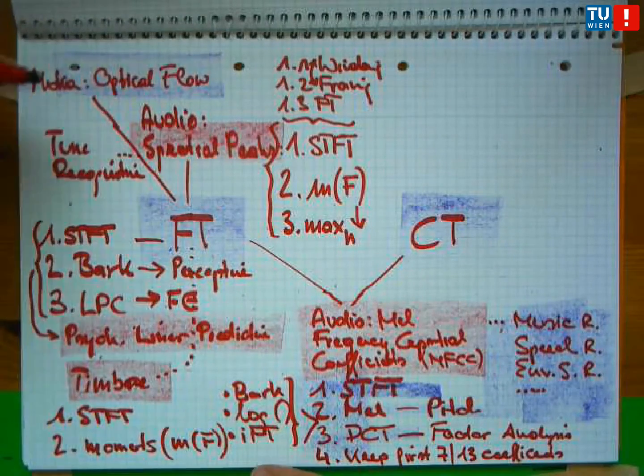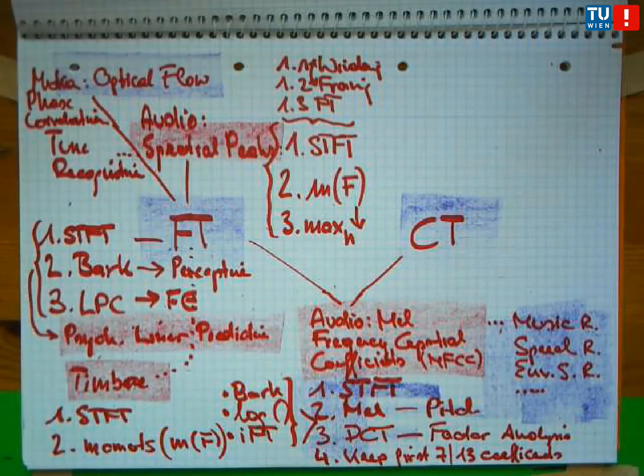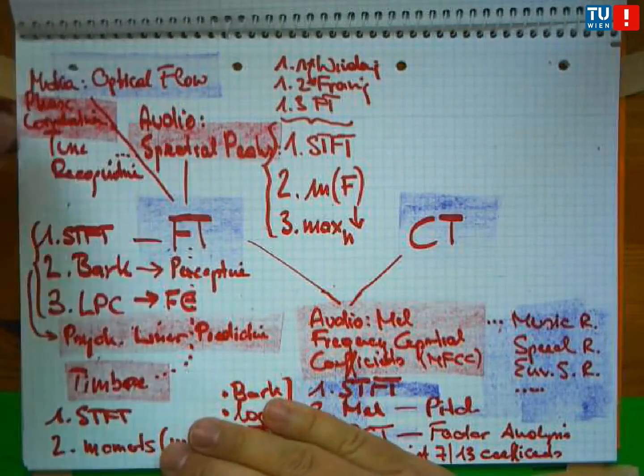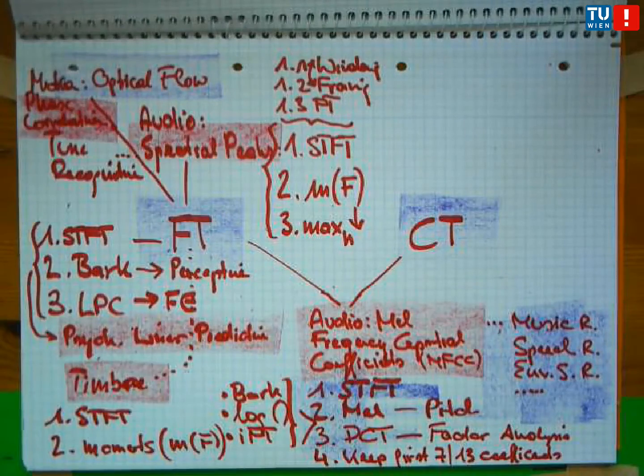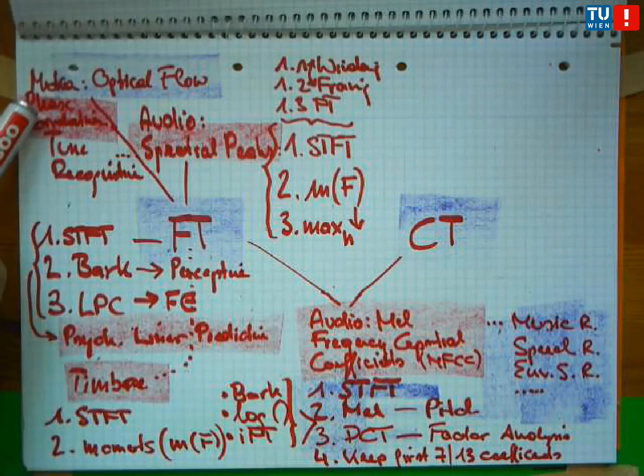If you do that, it is referred to as phase correlation. Because two frames are compared by similarity, not in the time domain, but in the spectral domain, so they are compared not by their samples, but by their phase.